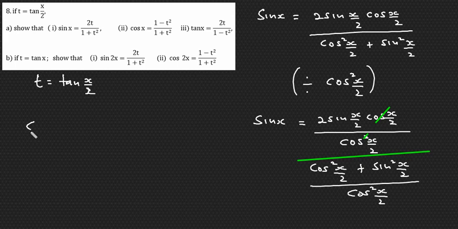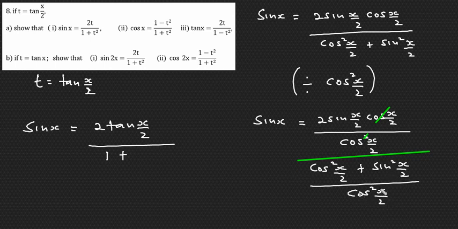So sine x is going to be equal to, now here we have 2 sine over cos, which is 2 tan x by 2, because sine over cos is tan. Then down here, cos squared x by 2 divided by cos squared x by 2, you get 1 plus sine squared x by 2 over cos squared x by 2.